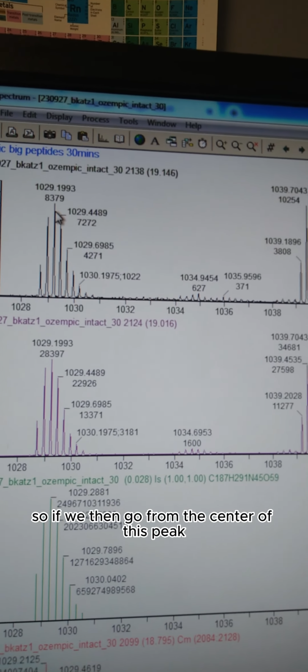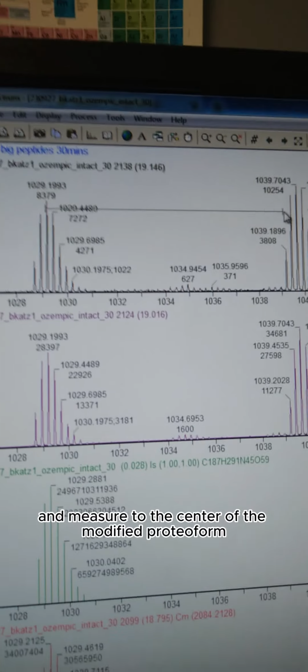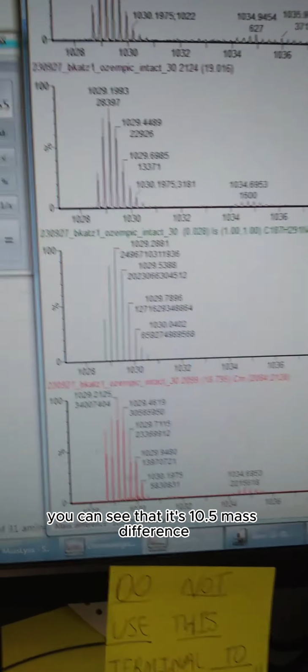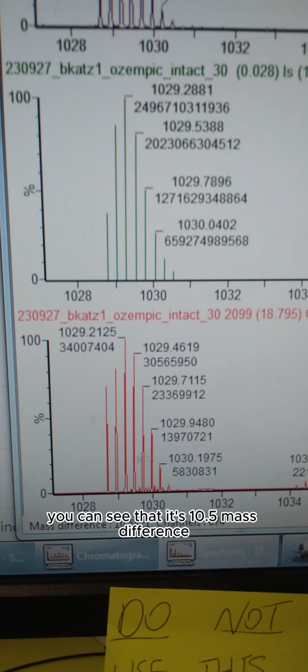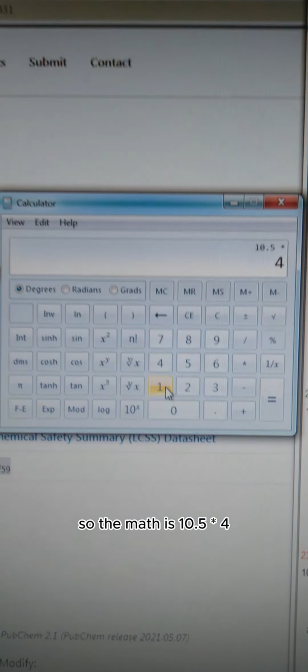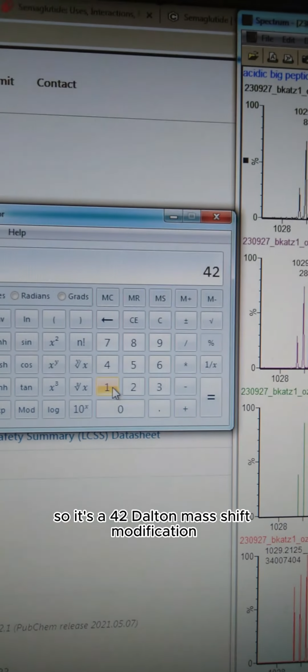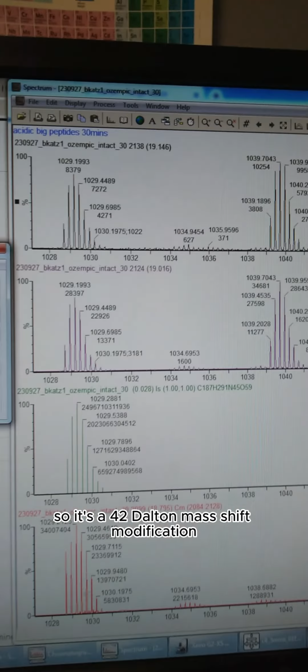If we then go from the center of this peak and measure to the center of the modified proteoform, you can see that it's a 10.5 mass difference. So the math is 10.5 times 4 to give you the real mass shift spacing. So it's a 42 Dalton mass shift modification.